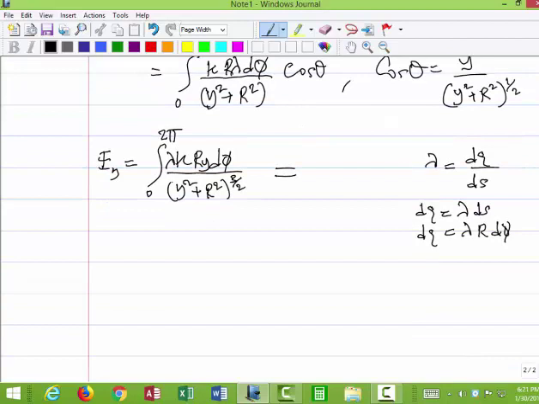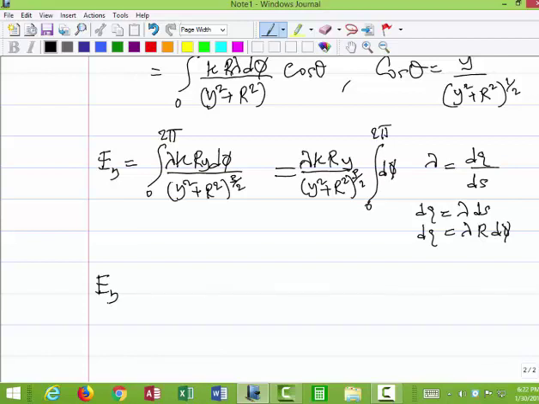So we are integrating over the angle phi, so we can take everything else out of the integral sign. So we can say lambda, k, r, and y all come out. We can remove y squared plus r squared raised to the power 3 over 2. And we're just left with an integral over 2 pi d phi.